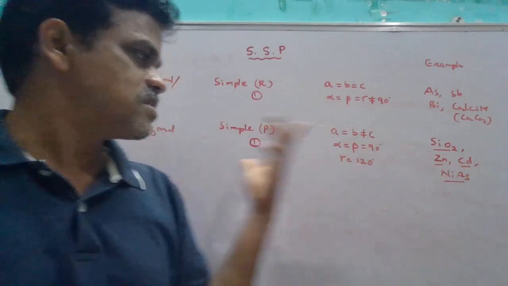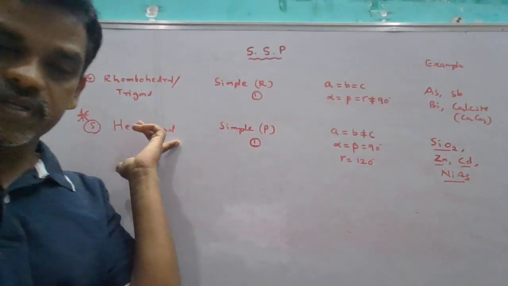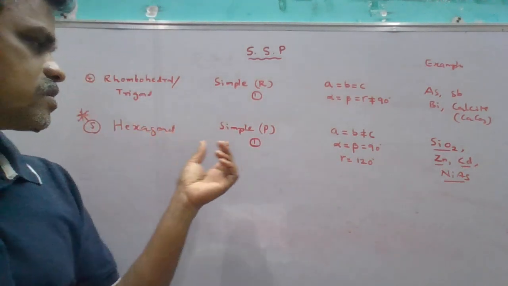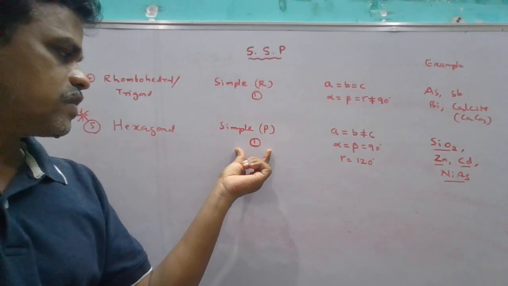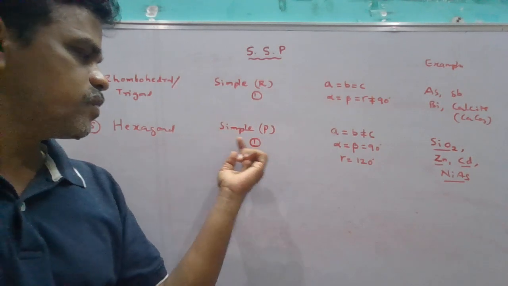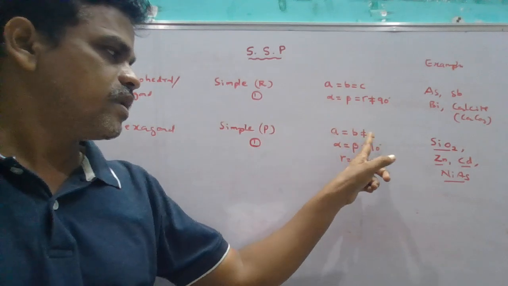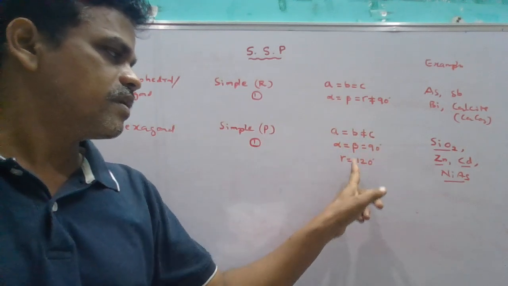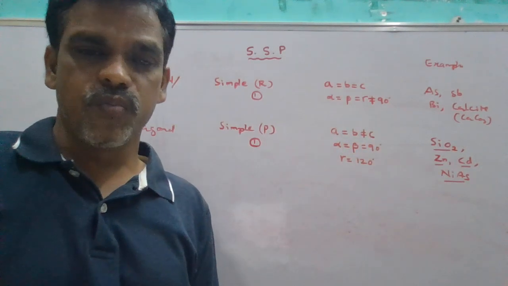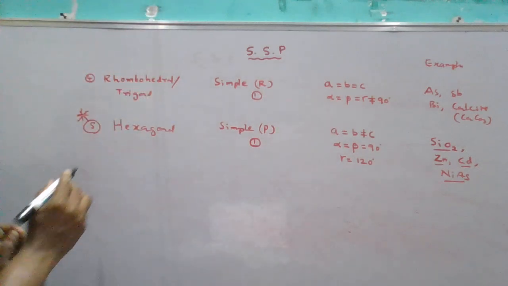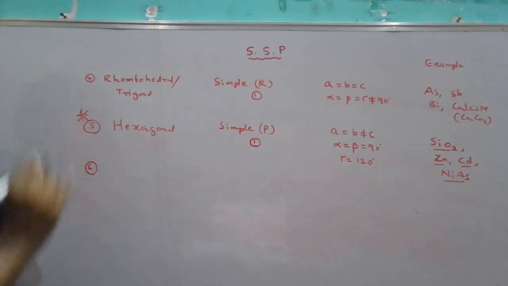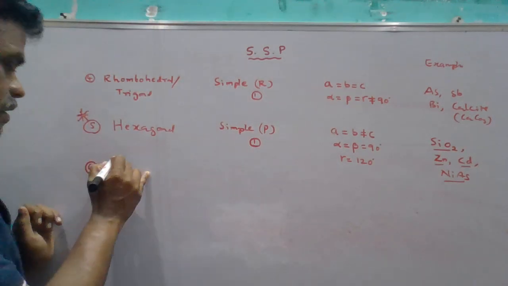These compounds exist in hexagonal crystal system. This is the fifth system. So Bravais lattice for this system only one, that is simple hexagonal. Unit cell characteristics: A equal to B not equal to C, alpha beta equal to 90, gamma equal to 120. We are moving to one more system, the sixth system, monoclinic.